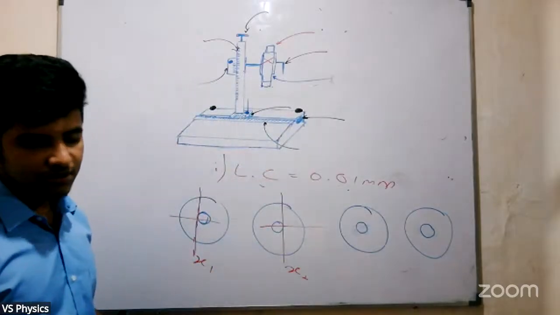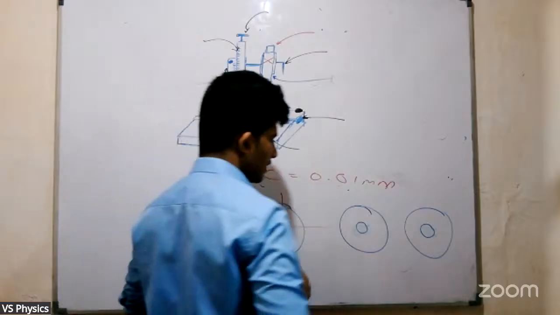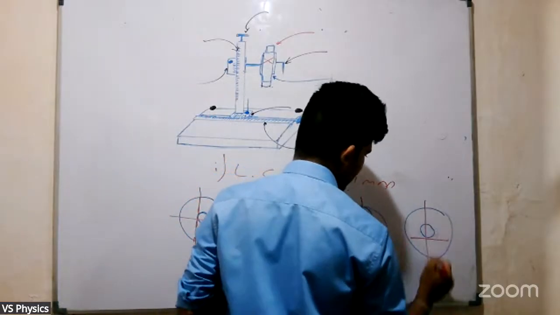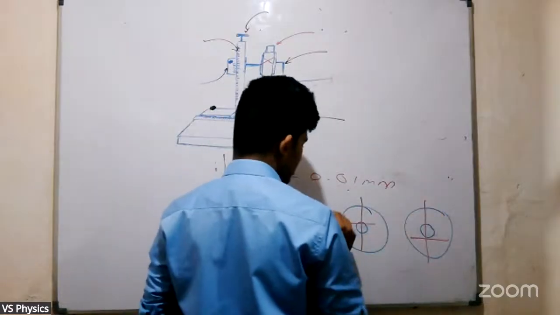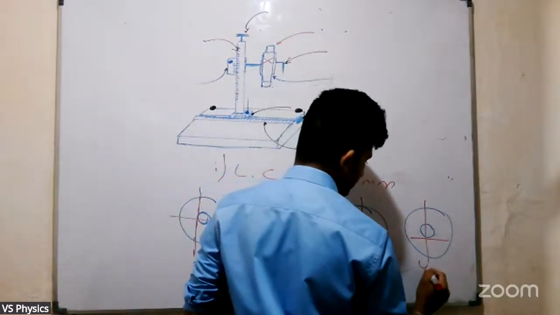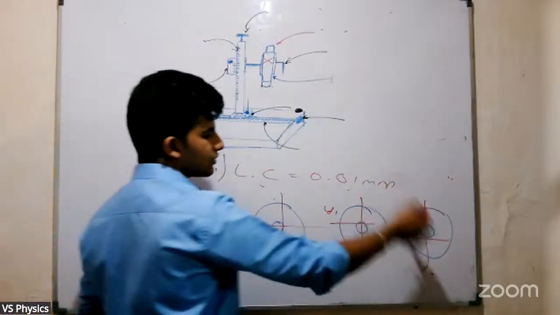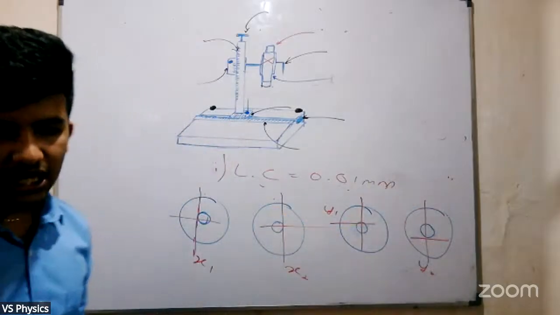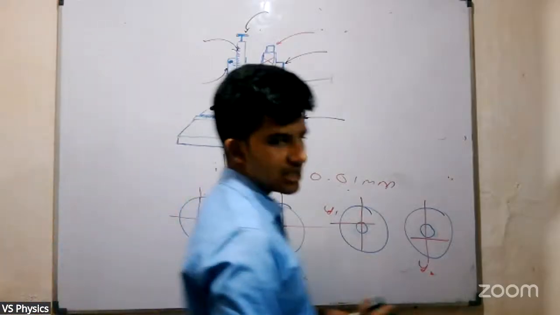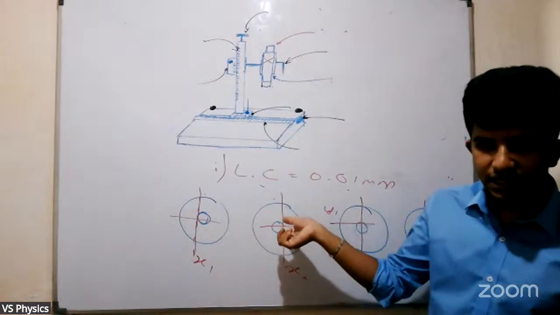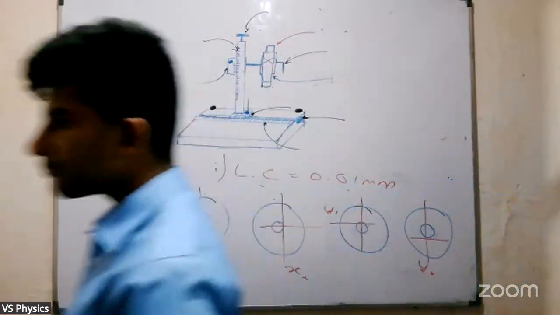For vertical measurements, we keep the cross wire as such and take the y1 value and y2 value. So this gives the horizontal reading and this gives the vertical reading. Thereby, we can find an average for the mean internal diameter of a capillary tube.